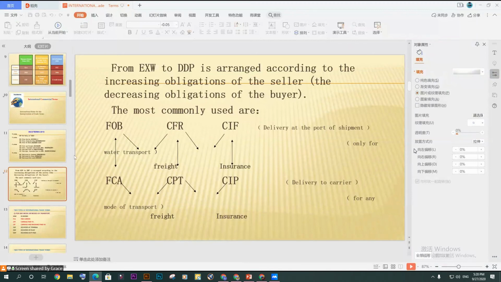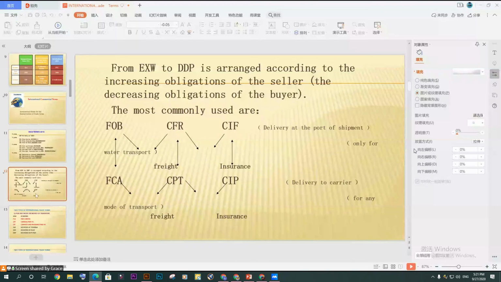Or maybe FOB Antwerp. Antwerp is the port of shipment. So for the first one, China is the exporting country. And for the second one, Belgium is the exporting country.